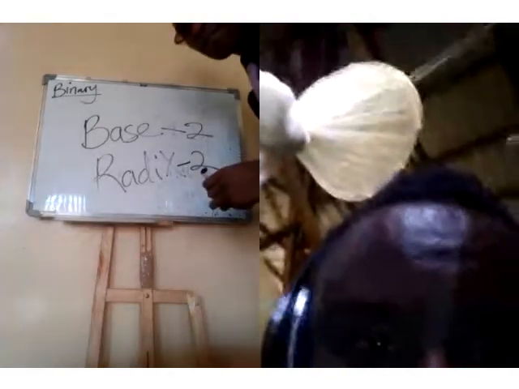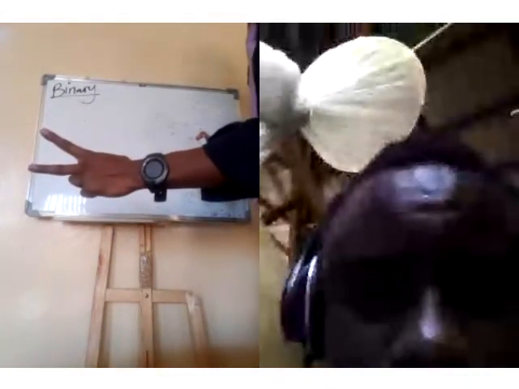Radix and binary are the same. I'll explain what base is and what binary is in the next sessions later on. I just want you to know that binary is in base 2. Just like we have decimal is in base 10. Binary is in base 2. Okay.